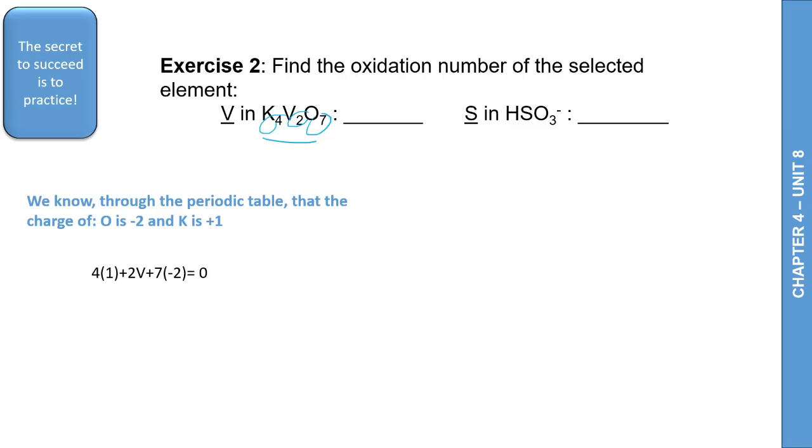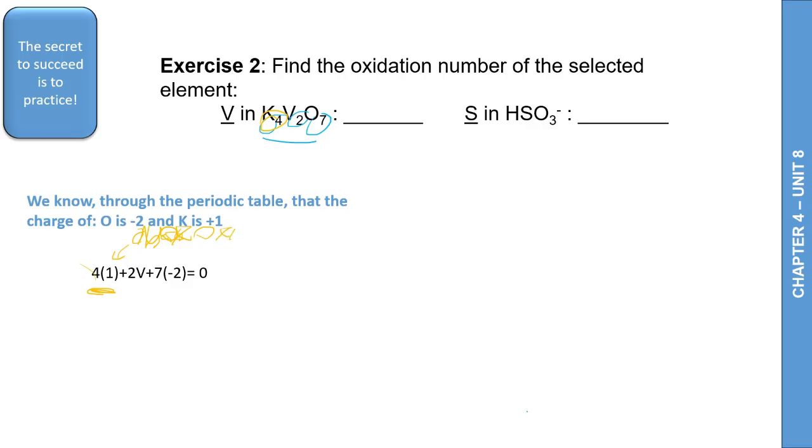Make an equation: 4 times 1 plus 2 times V, where we don't know the oxidation number, plus 7 times -2. With this equation we're going to find the vanadium oxidation number.